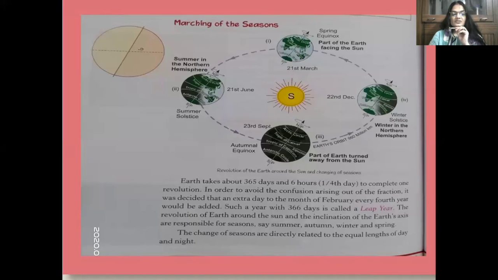It is because of this direction of the movement that the sun seems to be rising in the east and setting in the west.